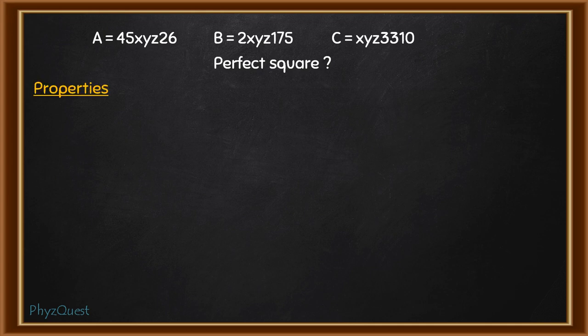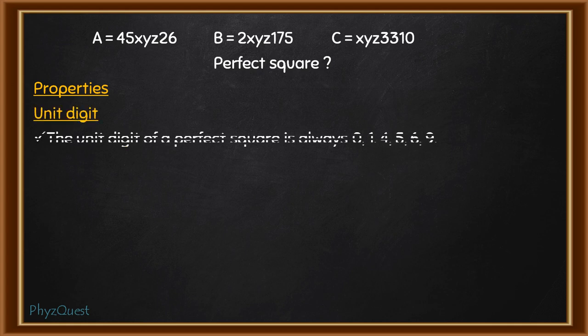So there are certain rules. First we will discuss the properties for a certain number to be a perfect square, and these are based on the unit digit. The first rule is the unit digit of a perfect square is always 0, 1, 4, 5, 6 or 9.